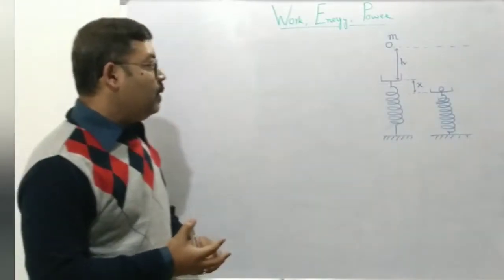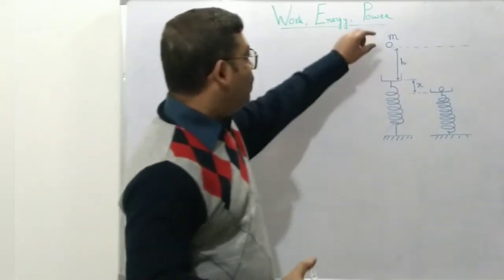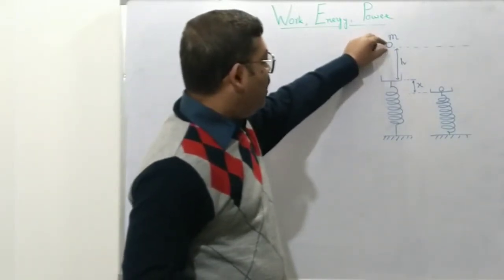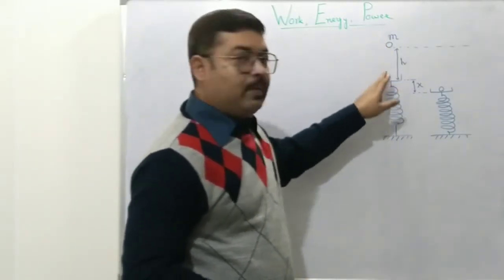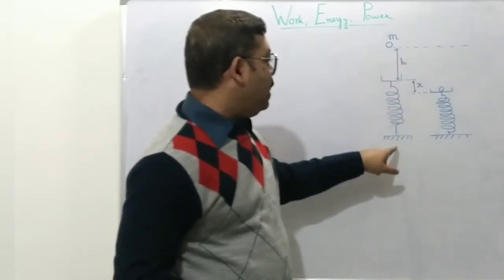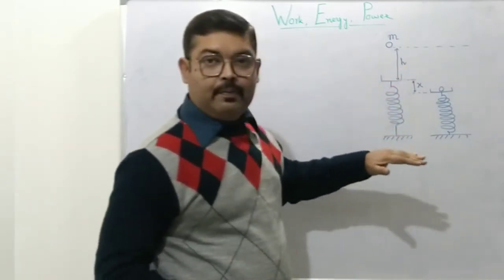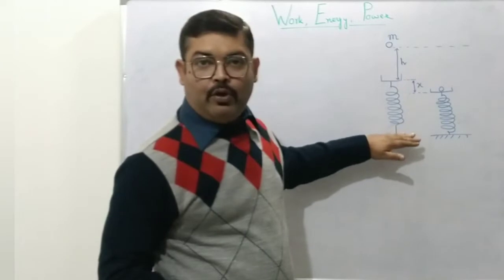Okay, for the next problem, we are given a ball of mass m which is dropped onto a platform fixed at the top of a spring connected to the ground. This support is rigid, it will not move.